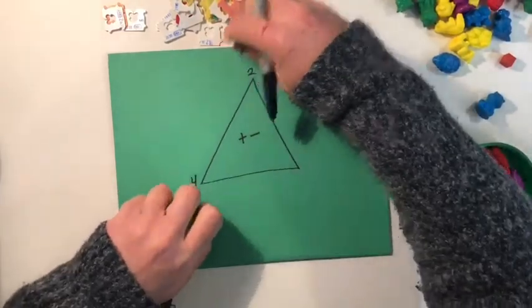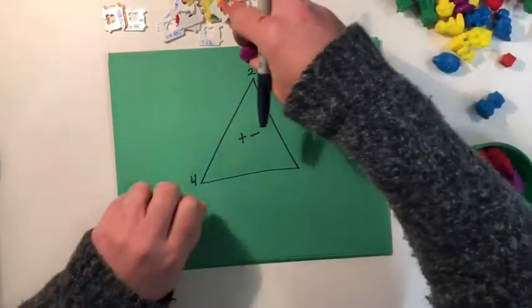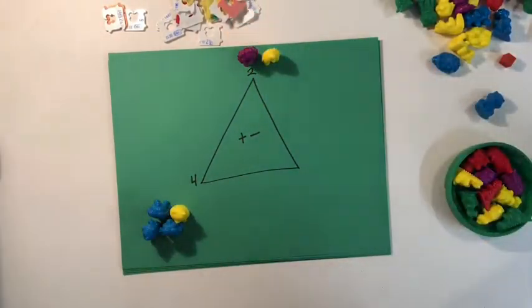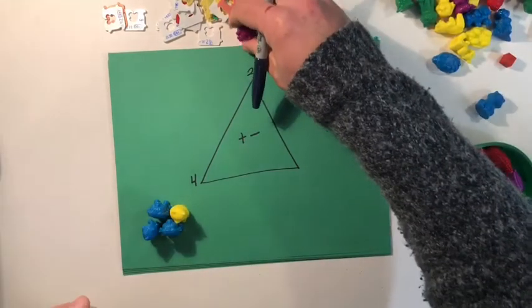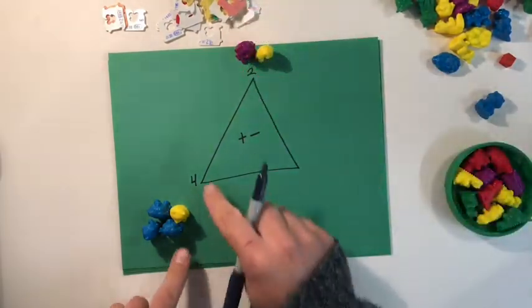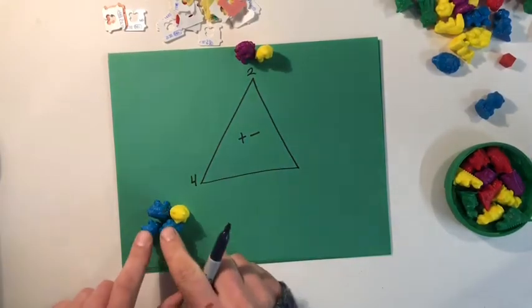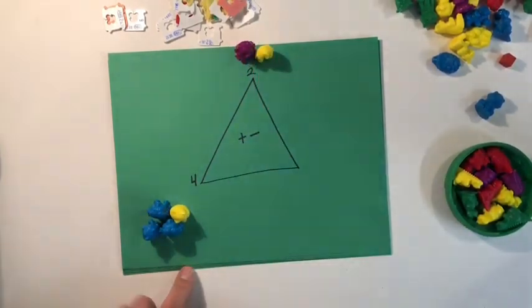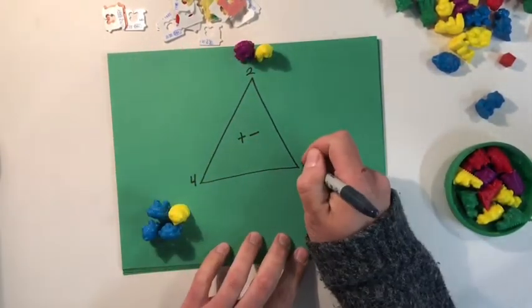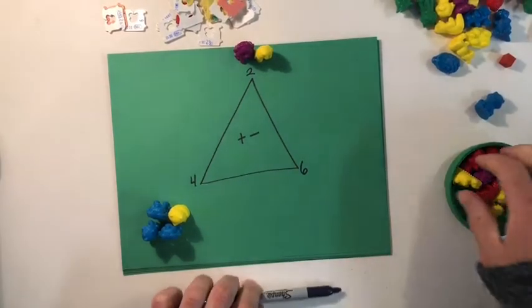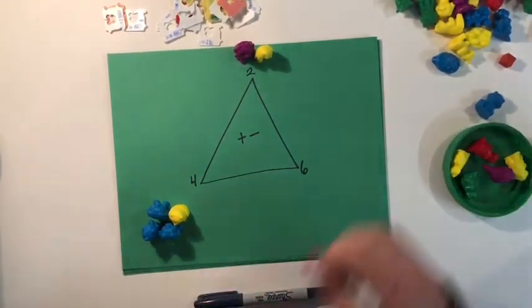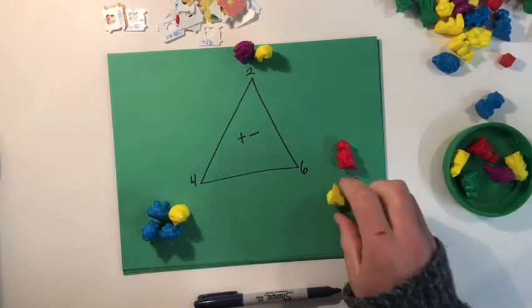Now if I take that away, it's still 4 plus 2, or 2 plus 4. I'll leave the manipulatives there so that you can see them. So what is 4 plus 2? Well, I have 1, 2, 3, 4, 5, 6. 4, 2, 4, 6. So I can show that, I can represent that over here. 1, 2, 3, 4.